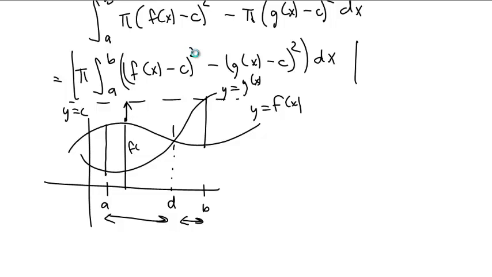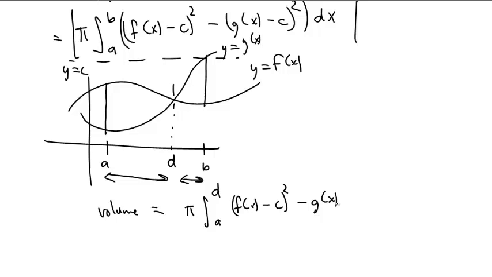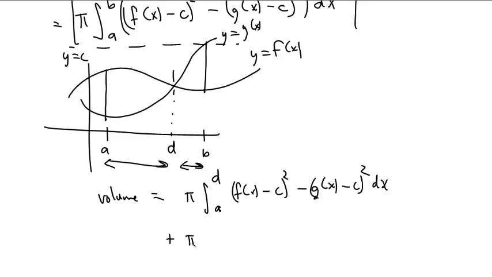So nice. In this particular case, you would have to say the volume was pi, the integral from a to d of f of x minus c squared minus g of x minus c squared dx, and then we add to that pi from d to b, and now g of x is the outer one, so it's g of x minus c squared minus f of x minus c squared dx.